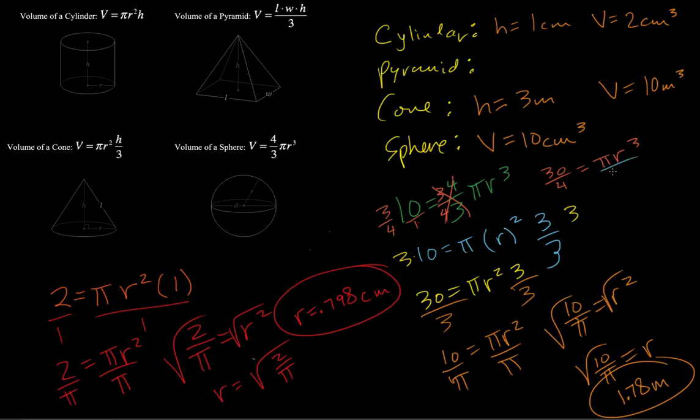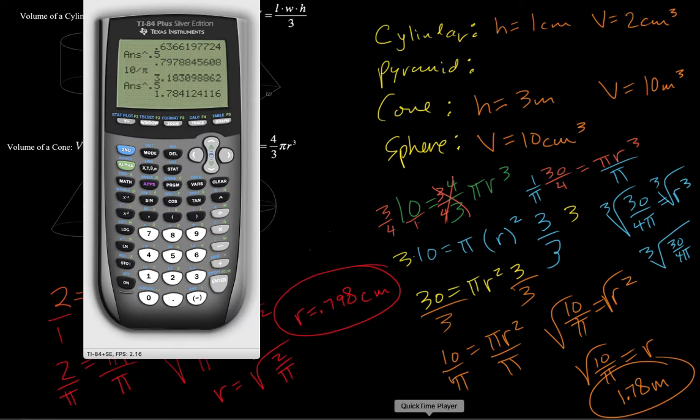Okay, we're going to divide by pi, which is similar to multiplying by 1 over pi. And so we get 30 over 4 pi equals r cubed. And we take the cube root of both sides. Alright, now we need to go to my calculator for that.